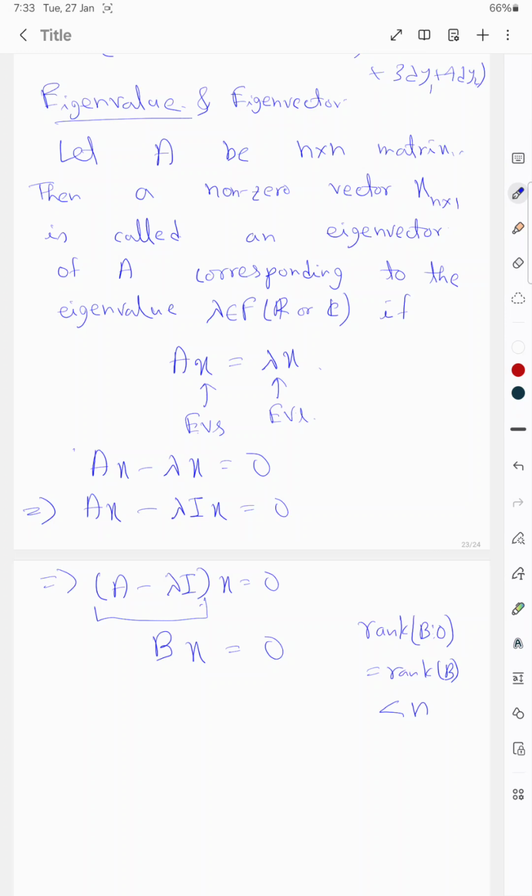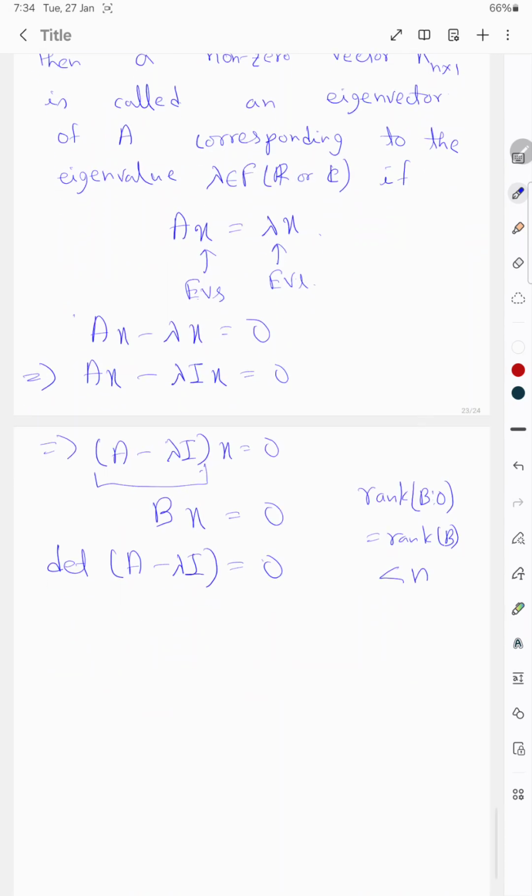That means the determinant is 0, because we have already seen that if the rank is n, the determinant is non-zero. I discussed this from the minor point of view: the order of the largest non-zero minor corresponds to the rank. So from there, determinant of A minus lambda I is 0. So how do we find the eigenvalue? Basically from here, determinant of A minus lambda I equals 0.